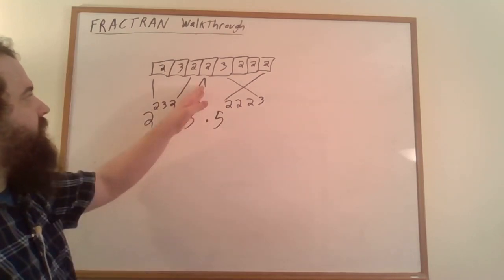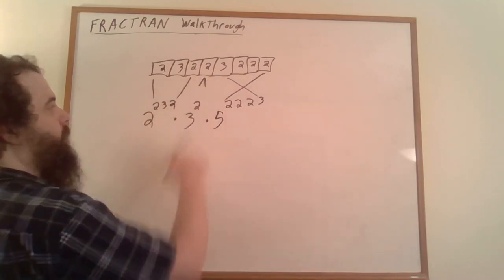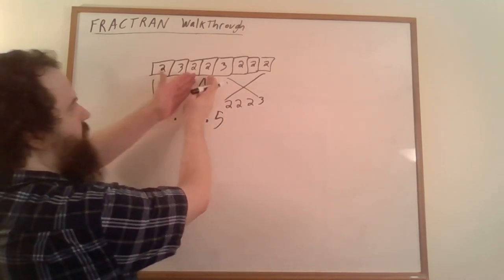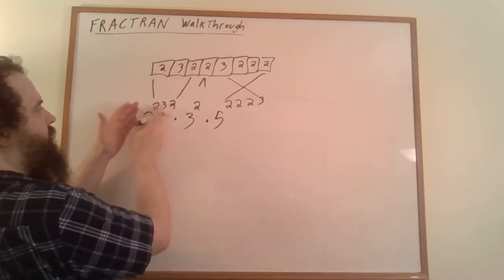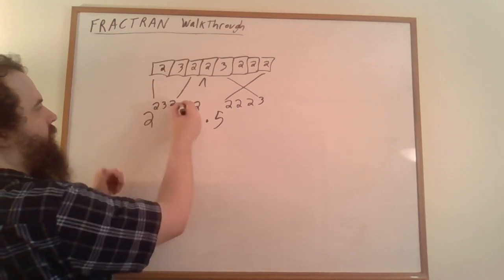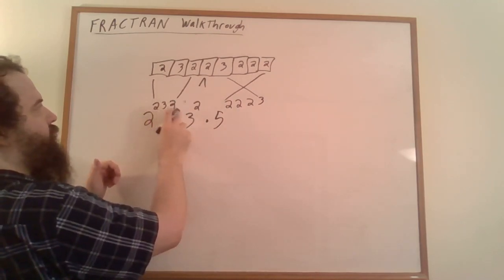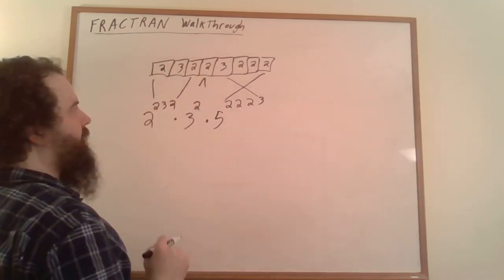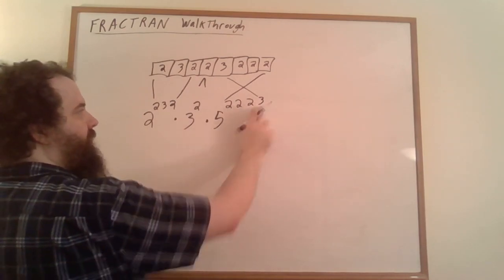If we wanted to move this read-write head 1 unit to the right, we would need to take this value here, and first of all, if we move this 1 to the right, we're going to push this 2 onto this stack here. And so we want it to wind up in the 1's place here, so we have 2, 3, 2, 2 on this stack here. And then we want to take the 1's digit off of the 5's register.